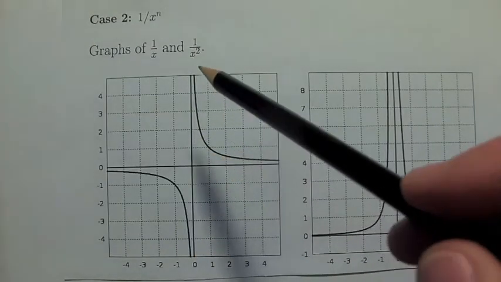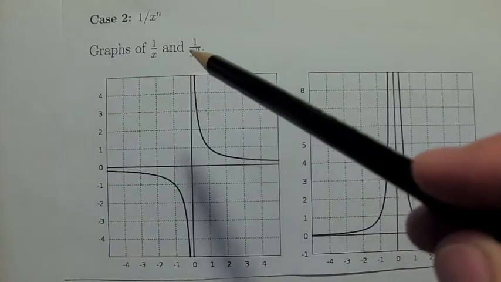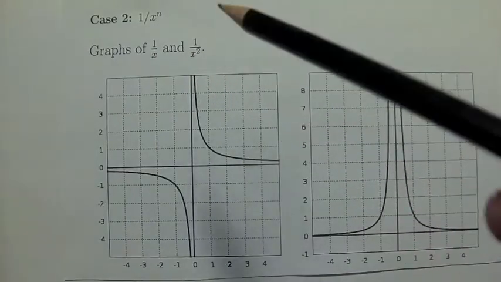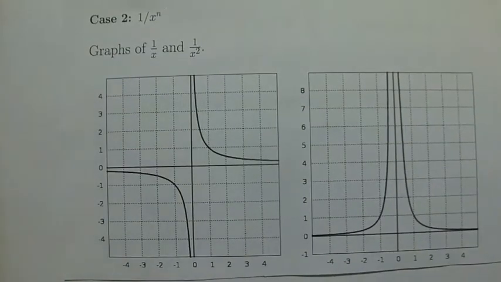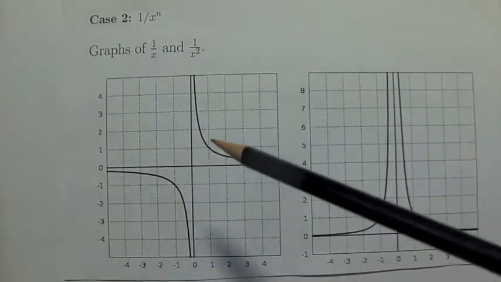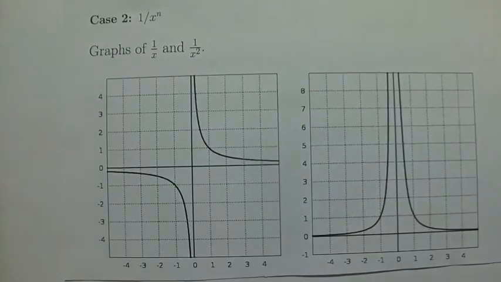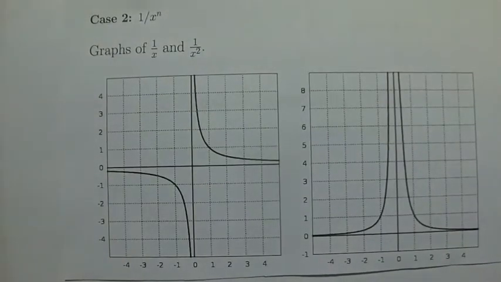From the right, the function's going to positive infinity. From the left, the function's going to negative infinity. Okay, and the function has no value at 0. So not only is it undefined at 0, we also have the limit doesn't exist.